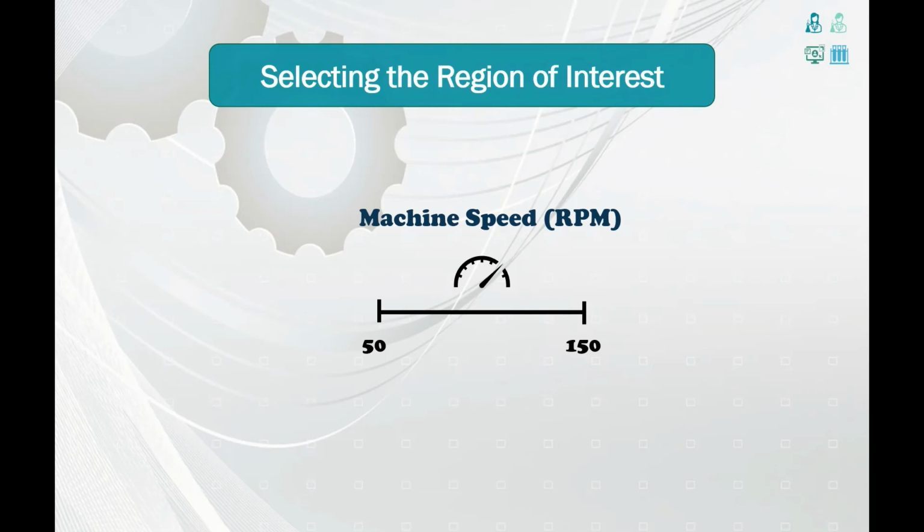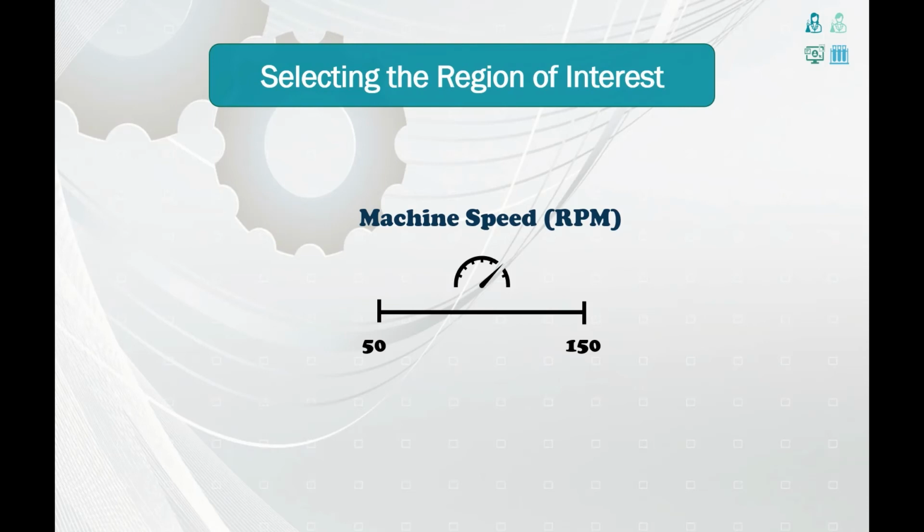Now, once factors are identified, the next step is to decide on their respective ranges and levels that are of interest to the experimenter. For example, imagine that an experimenter is interested in studying the effect of the speed of an industrial machine, which is measured in RPM, on the quality of the surface finish of a certain part that the machine produces. The machine can be set at any speed between 50 and 150 revolutions per minute.